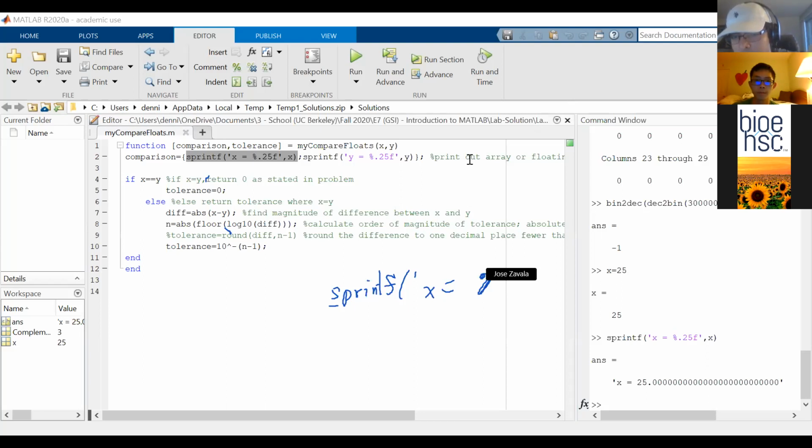This means some number. F means float, I believe. Oh yeah, F means float. The percent means special formatting, it's just like replace.